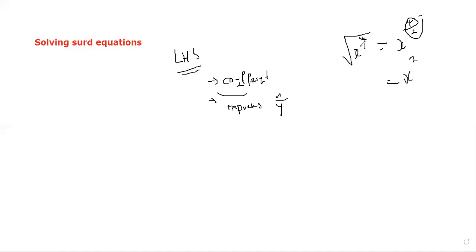So just remember that if you have 3x to the power of 4, this is the same as 3x to the power of 4 over 2, which would be the same as 3 x to the power of 2, right? I hope that makes sense and I'm not confusing you guys. It's that simple. Don't overcomplicate things.